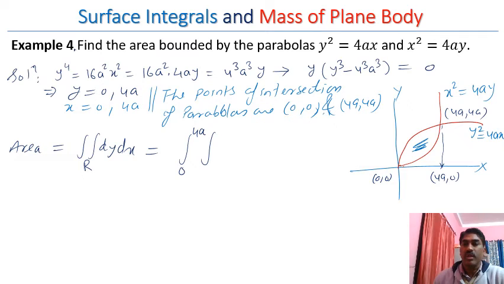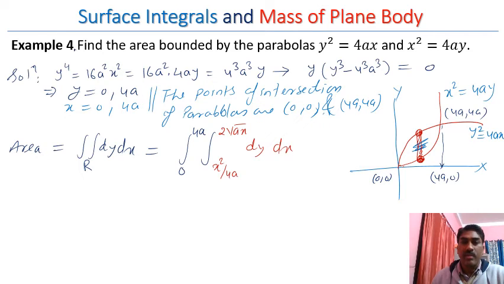So 0 to 4a, and then for value of y, take a strip, and lower curve will give lower limit, upper curve will give upper limit. So from this point you will get the lower value of y is equal to x square by 4a, and from this point upper limit of y will be received, so this is 2 root ax. These are the limits, and dy dx.